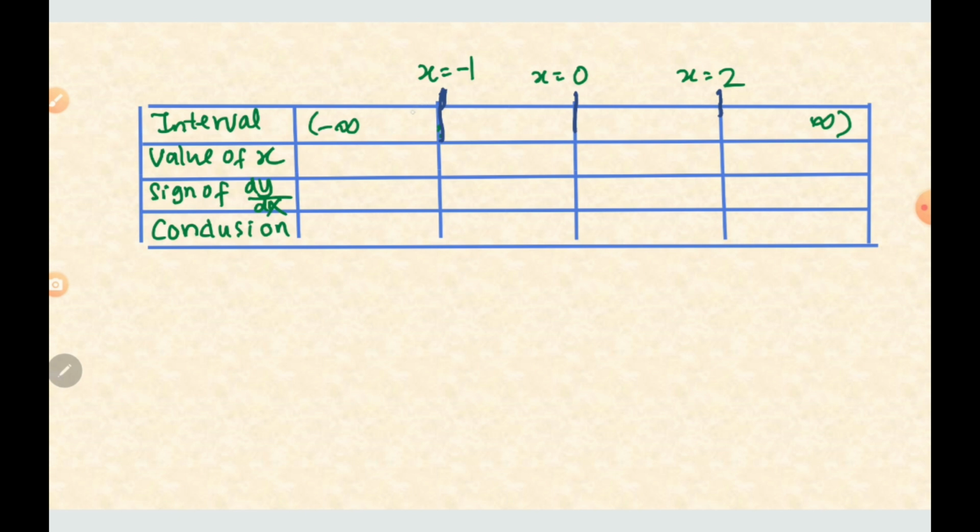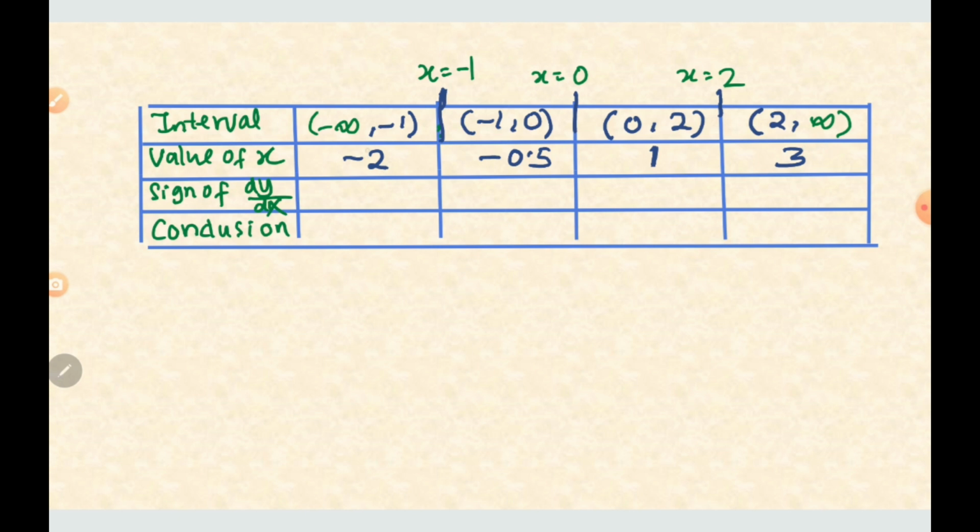Then you have to create the intervals: negative infinity to negative 1, negative 1 to 0, 0 to 2, and lastly 2 to infinity. Then as usual, you need to pick a value for each interval. So let's say the first value is negative 2, the second one is negative 0.5. From 0 to 2, let's say I choose 1, and for 2 to infinity, I choose 3.